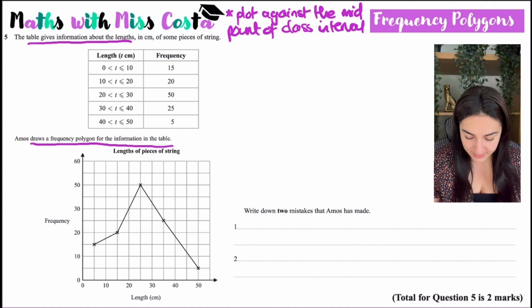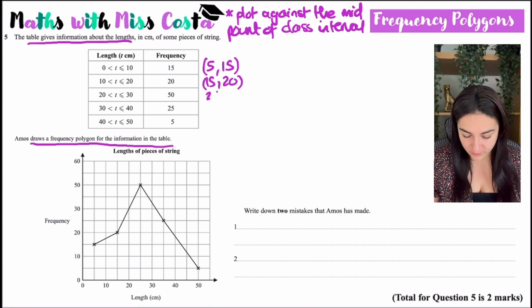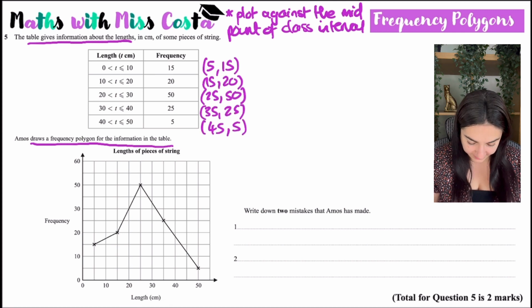So let's check that he has done that. The coordinates should be 5, 15, 15, 20, 25, 50, 35, 25, and 45, 5. So let's check he's done that. 5, 15, yep. 15, 20, 25, 50, 35, 25, and then 45, 5 is where this coordinate should be.